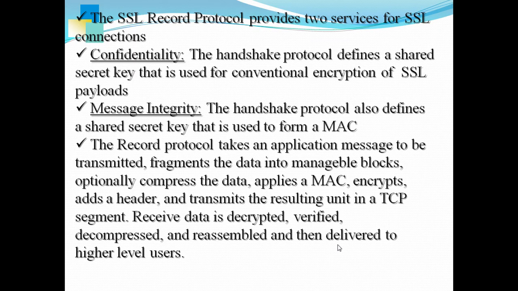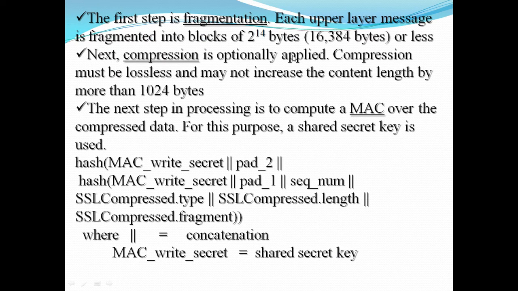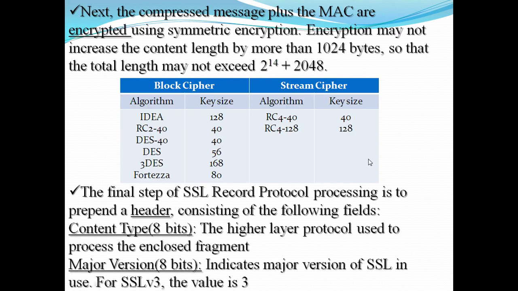The first step is fragmentation, 2 power 14 bytes. Then use compression. Then compute the MAC, the third step. Then the fourth step, use encryption. Then add the header, the fifth step. These are all the five steps in the SSL record protocol. The remaining protocols we'll discuss in the next class.